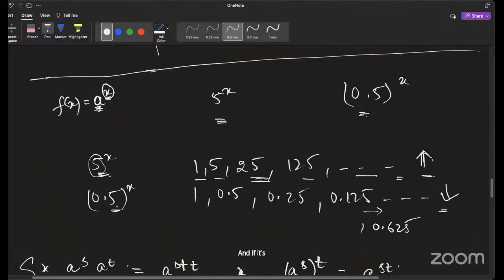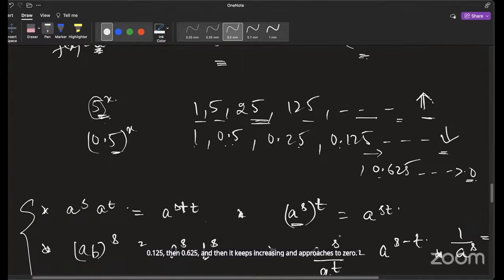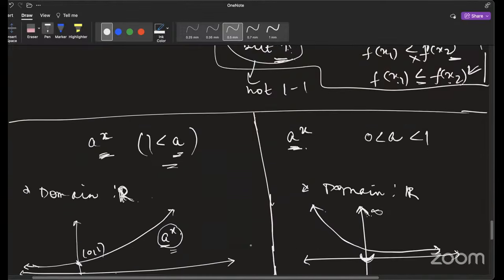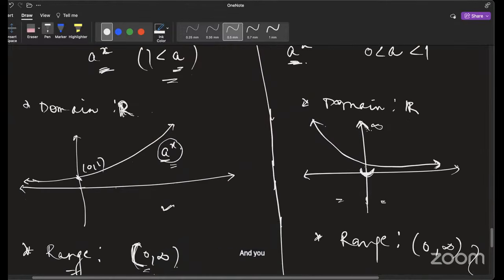And if it's a number less than 1, then this is going to 0, right? It's constantly decreasing: 1, then 0.5, then 0.25, 0.125, 0.0625, and it keeps decreasing and approaches 0. You can just check it from here too, that it keeps decreasing as your x increases. This is x tends to infinity. This is minus infinity. So when x tends to plus infinity, your function tends to 0.